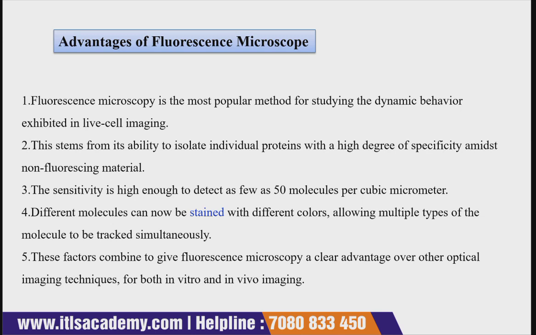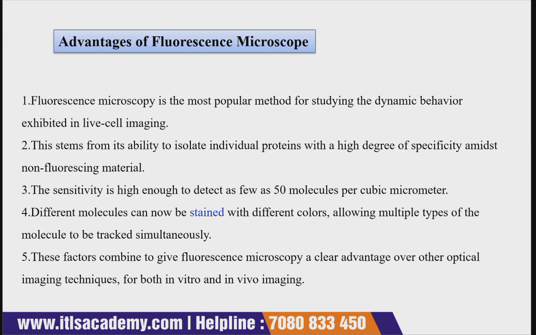So you can understand this advantage, 50 molecules per cubic micrometer. It has a great advantage whenever you want to do any in vivo or in vitro imaging. So this type of microscopy has great advantages.